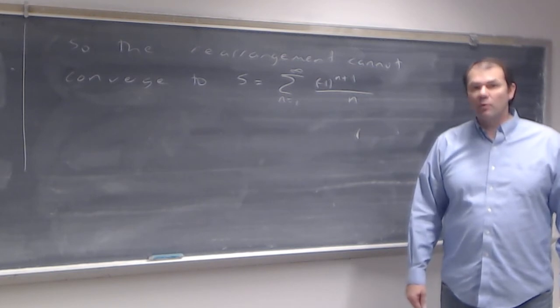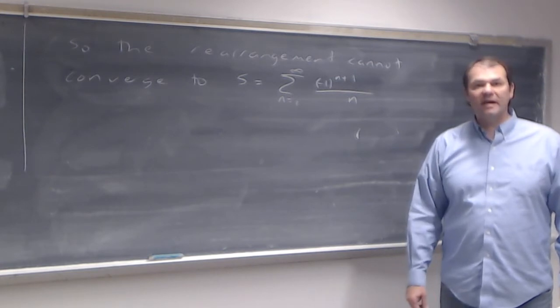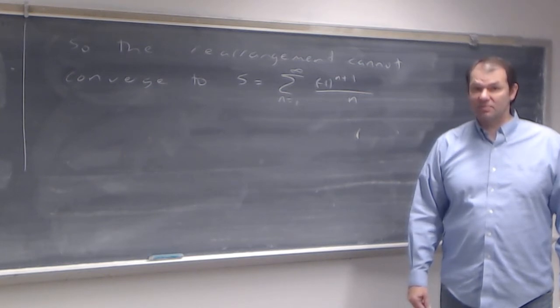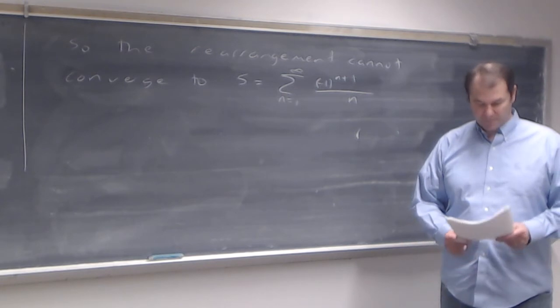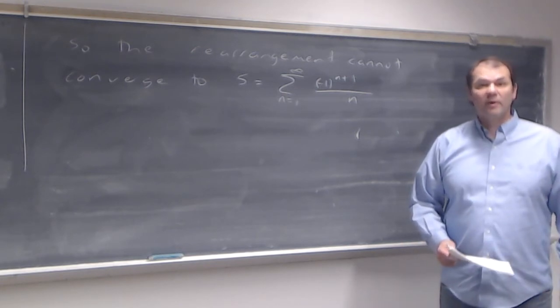But if you rearrange how you add them, because it's an infinite sum, you don't get the same as the original sum. You know, 2 plus 3 is the same thing as 3 plus 2. But if you have infinitely many terms and you rearrange them, you may not get the same answer when you sum them up.